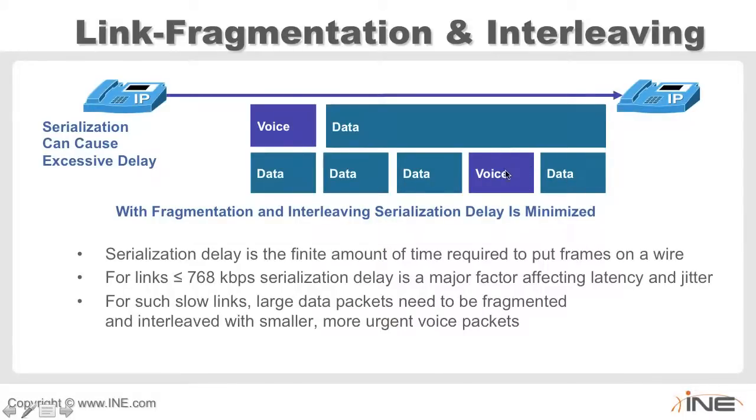So as soon as we go up to a meg or anything else, anything above 768K, we do not want to do that, because the amount of time that it takes to fragment that data and then reassemble it on the other side actually penalizes the data, but the voice isn't seeing any new benefit at this point. Because why? There's more lanes of highway. There's more lanes of motorway or freeway, whatever you call it. And so the data isn't using it all, and the voice just swerves right around.